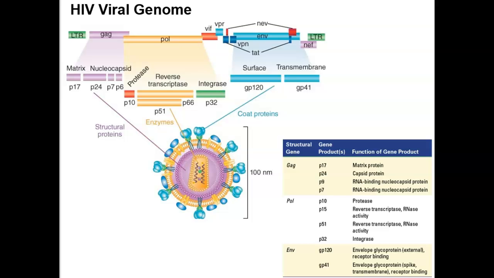After reverse transcription, the DNA is flanked by the terminal repeats, and the 5' terminal repeat is a promoter sequence. The viral DNA is then transported into the nucleus, and integrase inserts the viral genome into the host genome.